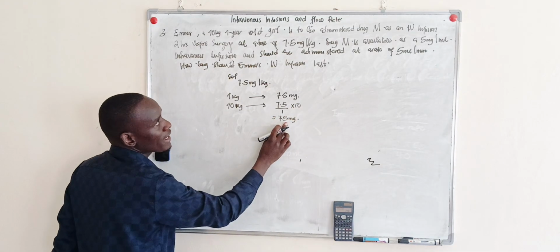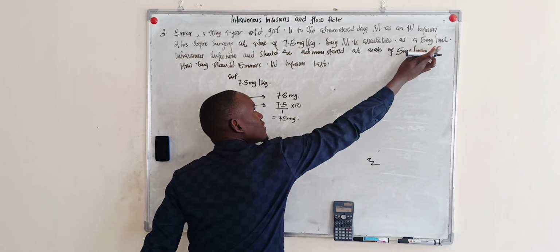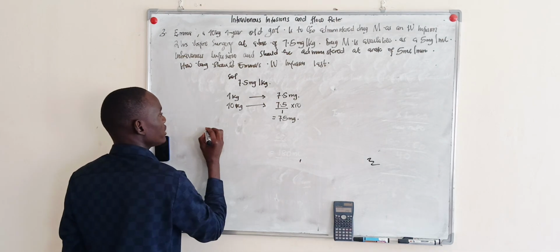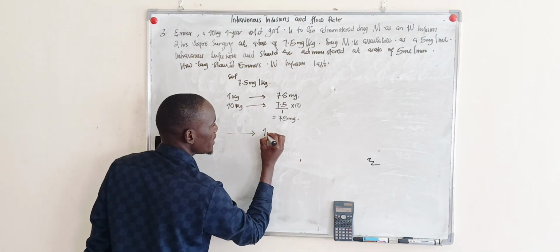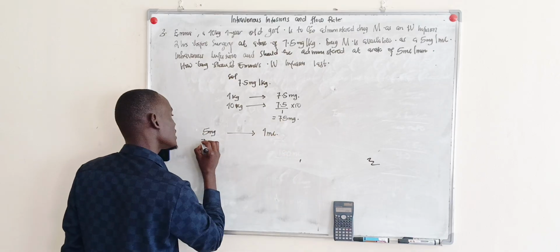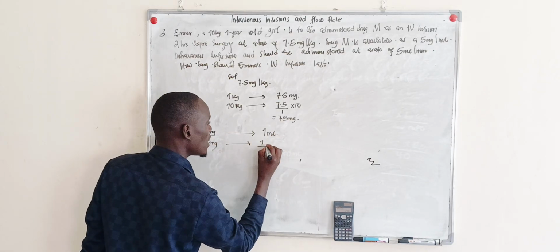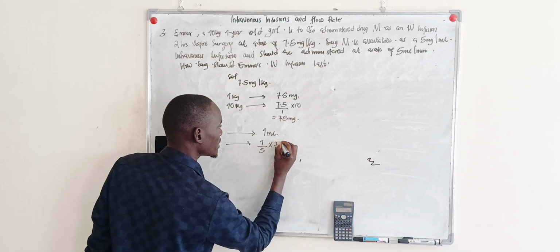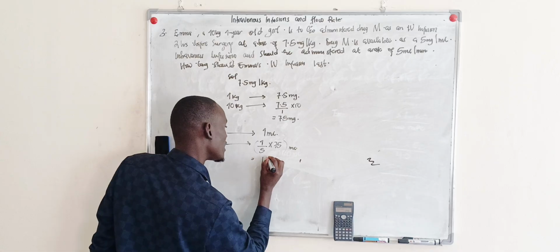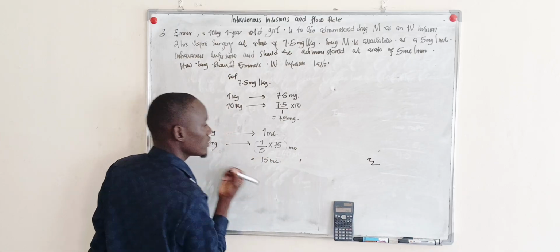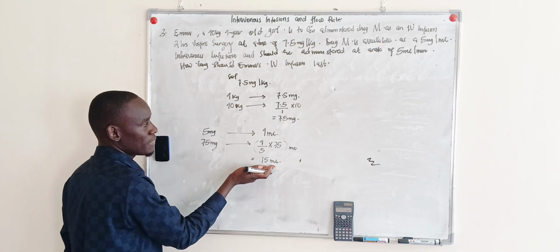But remember, they are saying that this drug is available as 5 milligrams per ml. So we shall say if 5 milligrams is in 1 ml, how about the 75 milligrams? This will be in 1 over 5 times 75 ml. This will give us 15 ml of the drug. So 75 milligrams is in 15 ml.